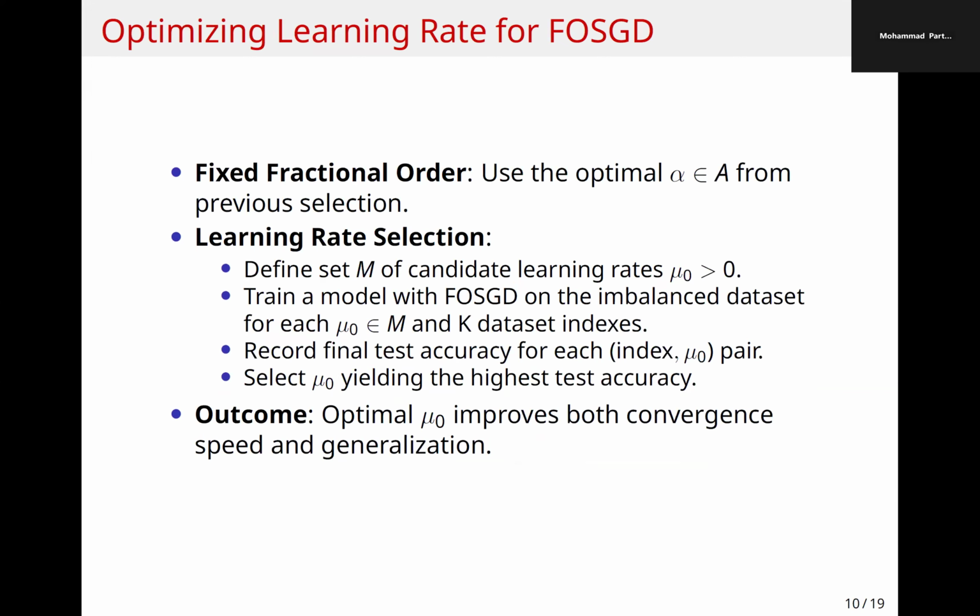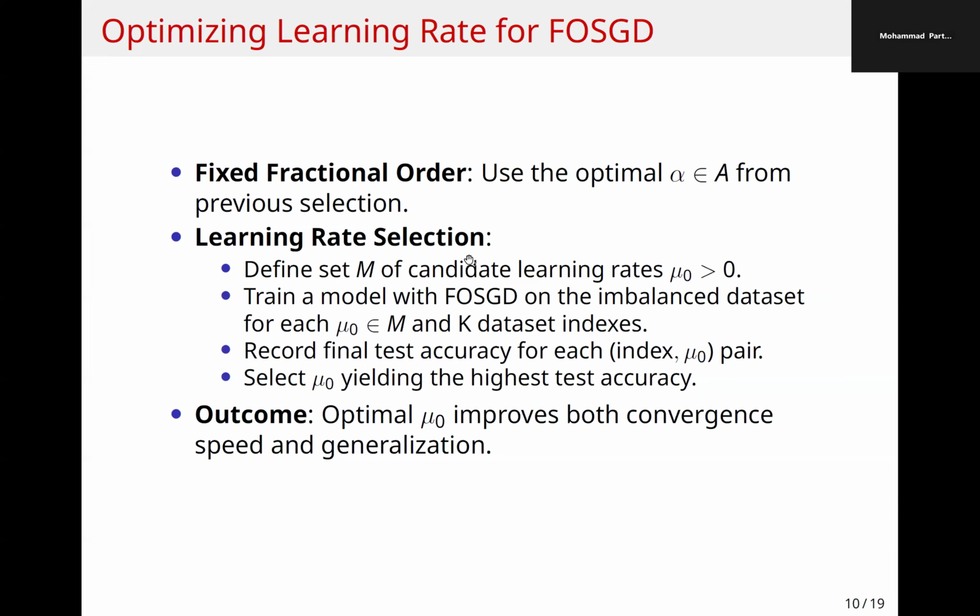So after finding the best fractional order, we fix the fractional order for fractional order SGD. Then we use that fractional order to find the best learning rate. Again, we define a set M for learning rates.